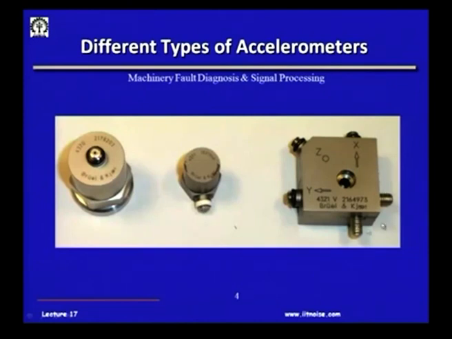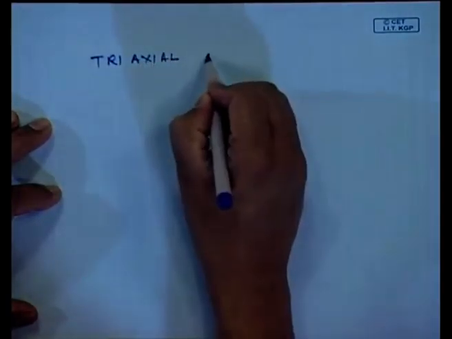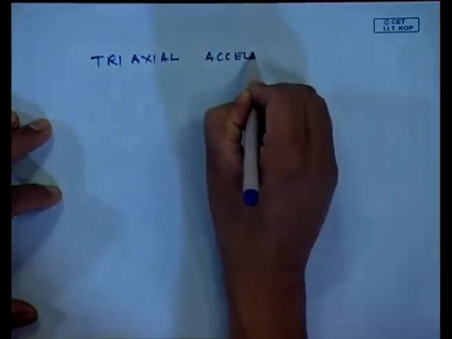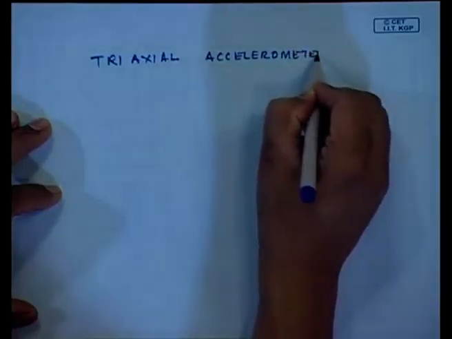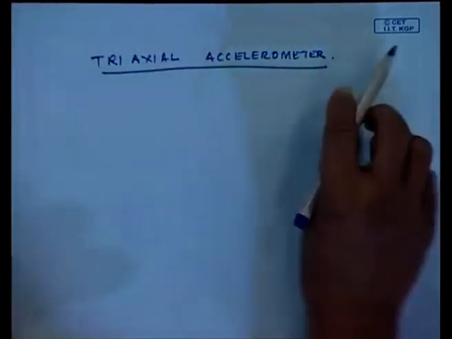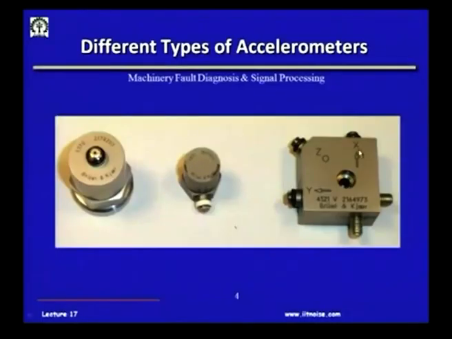Now, this is a very important accelerometer, and this is known as a triaxial accelerometer. If you see here, it is written X, Y, Z, and these studs are used to mount them to the structure where we are measuring the vibration.